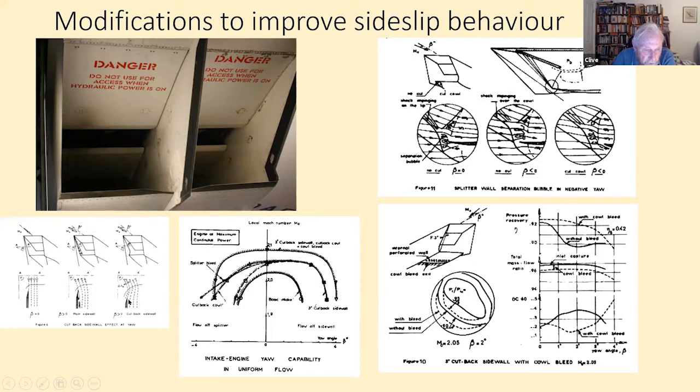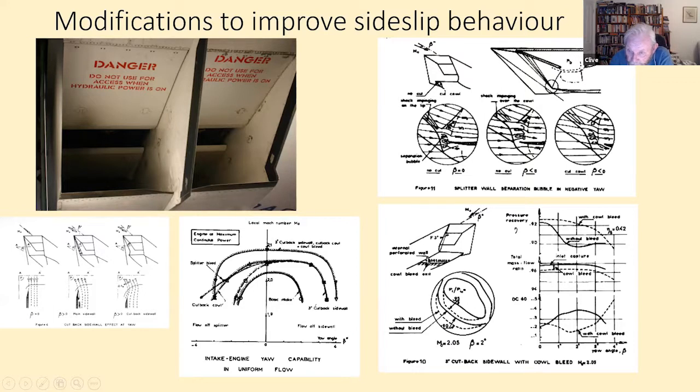So instead of producing the shock wave there, we got a little bit of extra spillage, and you can see the results of that in this picture, where we still found that even though you did that, you had a little separation, quite a big separation actually, in this corner of the intake.